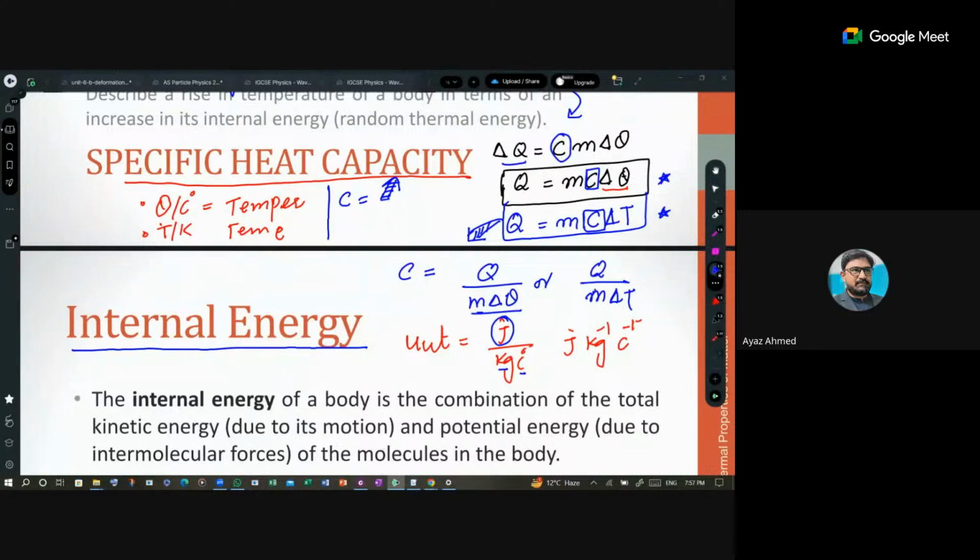So the unit can be written in two formats: joule divided by kg into centigrade, or joule per kg per degree centigrade. These are the units you have to remember. Is it clear?